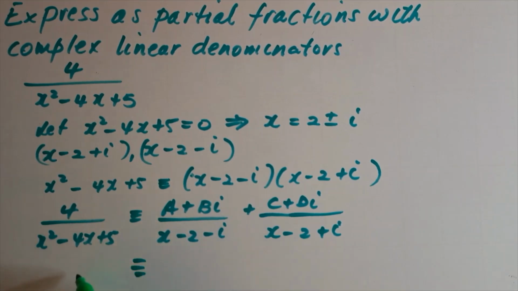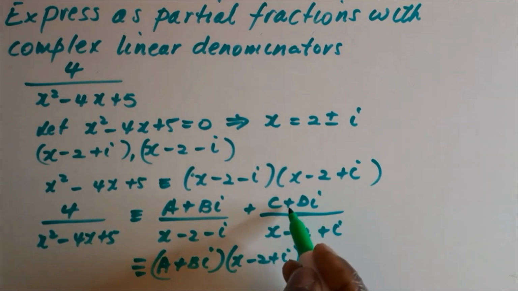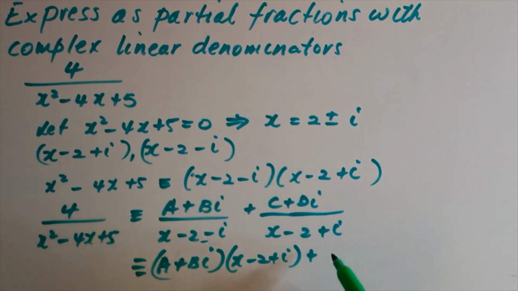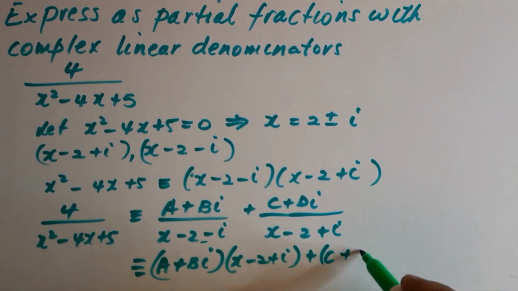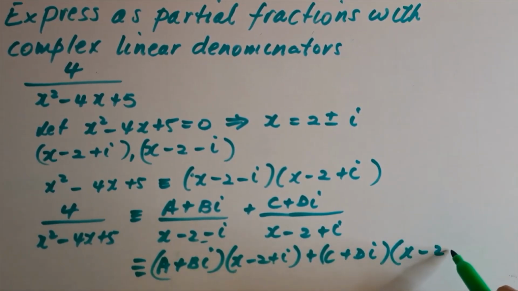Now we can write that 4, well, let's write this line first, let's not skip this step. a add bi times this, so x minus 2 add i, added to c add di times that in this denominator. c add di brackets x minus 2 minus i.